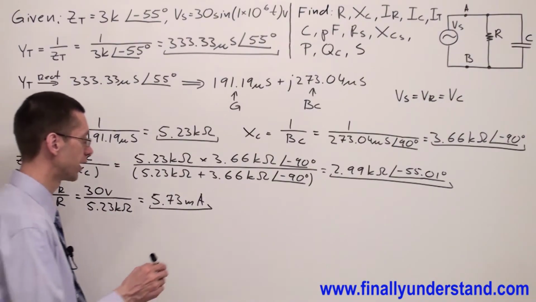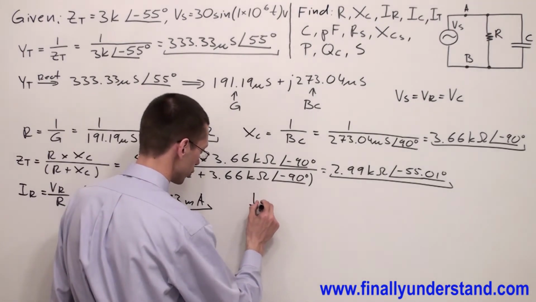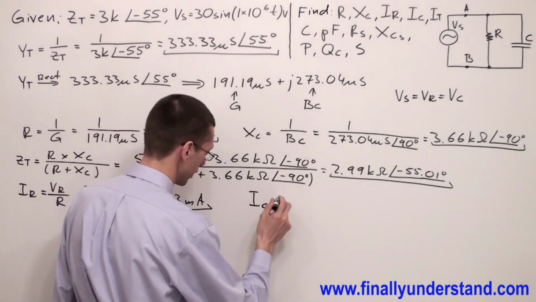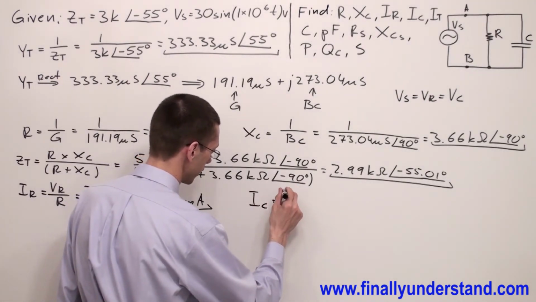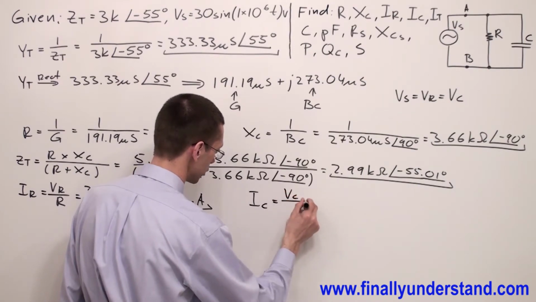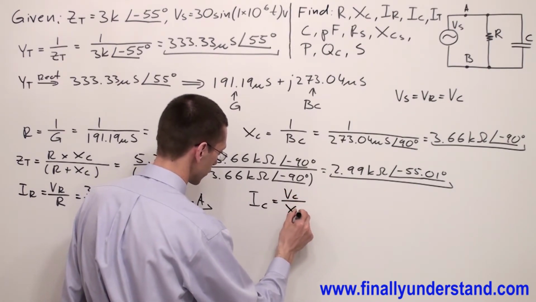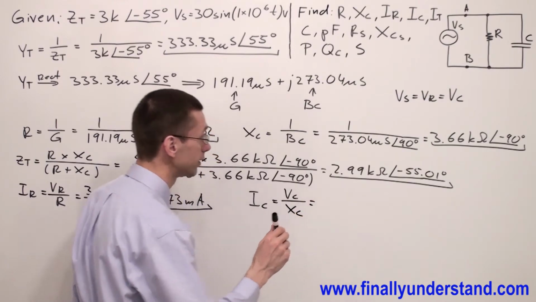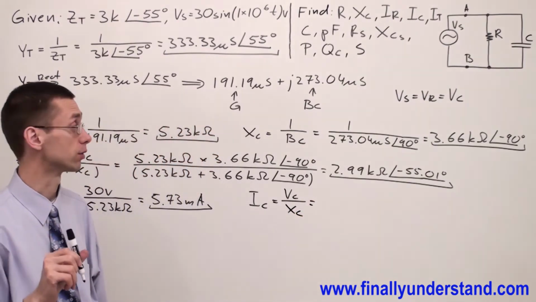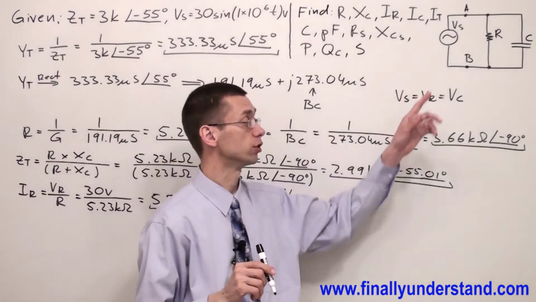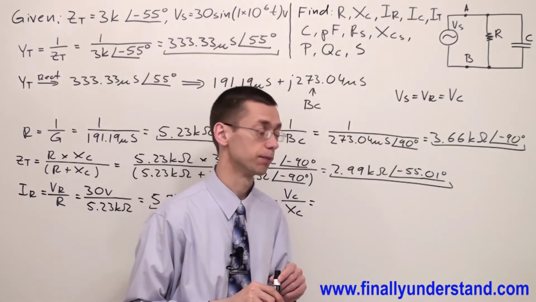Next, we're supposed to find the current which goes through the capacitor. IC is equal to the voltage across the capacitor over XC. Don't forget that we are talking about the parallel circuit. In a parallel circuit, the voltages across each component are the same.